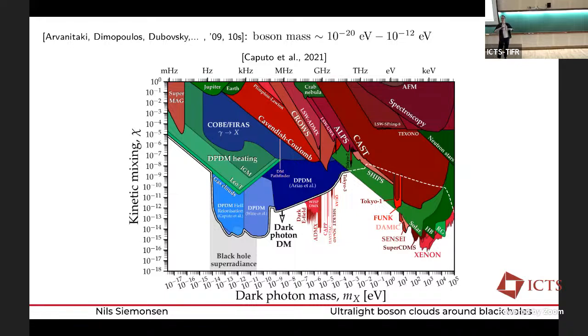Nowhere did you make an assumption about the coupling to the standard model. So even at zero coupling to the standard model, you might find observable signatures, which makes black hole superradiance such a powerful probe of particles beyond the standard model, because it purely requires gravitational coupling.